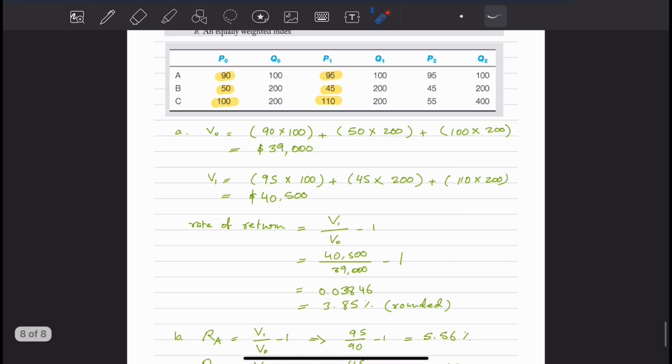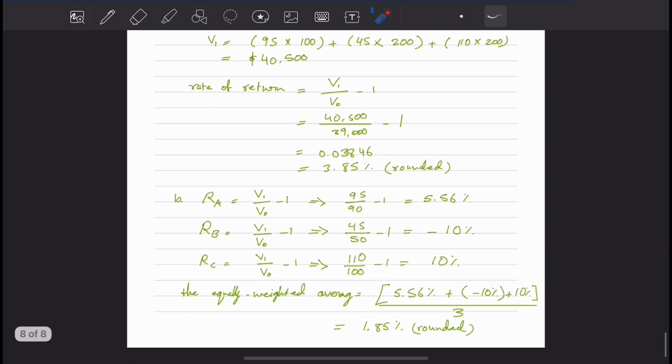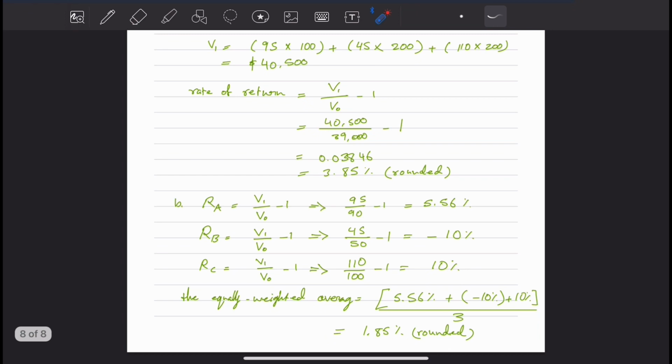The rate of return has dropped down to 3.85%. And finally, assuming an equally weighted index, the rate of return is only 1.85%.